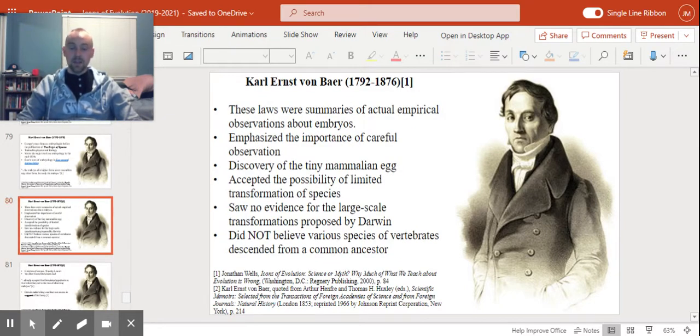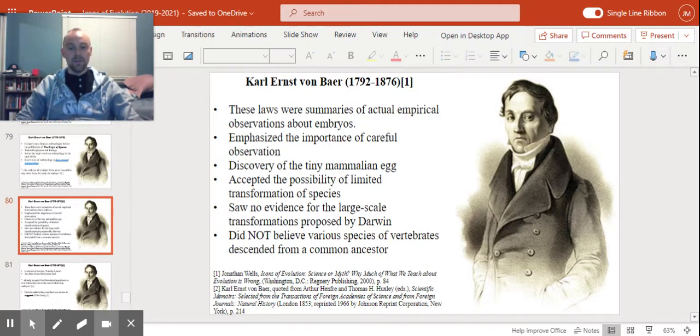These were summaries of actual empirical observations about embryos. Von Baer was looking at the data and looking at embryos over and over again to develop these empirical justifications of his theory. They also emphasized the importance of careful observation.